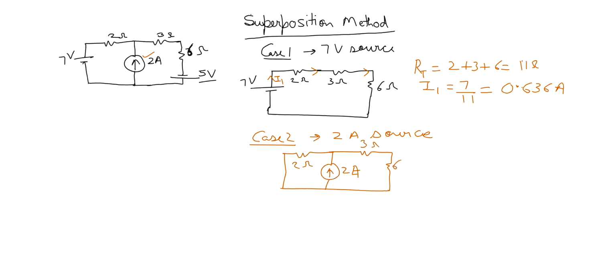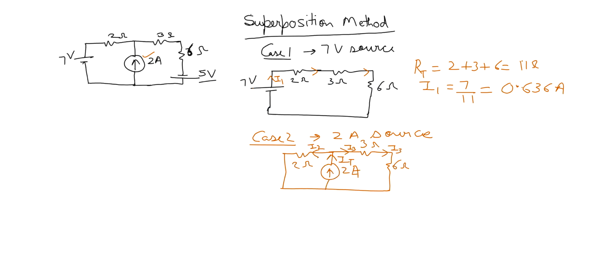So you see here, this is the 2 ampere current source. Let's suppose this is I total. This I total is split into two currents. I'm taking I2 here and I3 here. The 3 and 6 ohm are in series, because I3 flows here and I3 flows in the 6 ohm. So 3 plus 6 in series is 9.